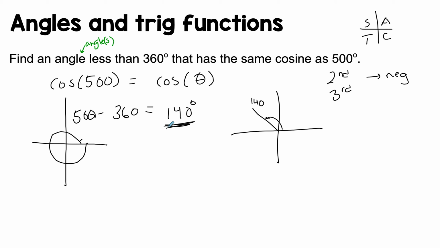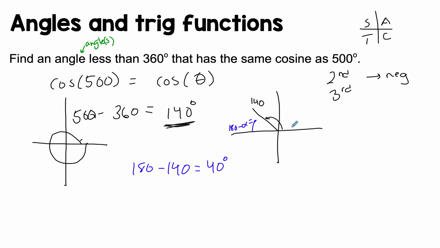So I know I said reduce it to the acute angle. Right now what we did is we found it within the 360. So this 140, in order to find the third quadrant value, this came from 180 minus the acute angle, and that gave us 140. So 180 minus 140 is equal to 40.